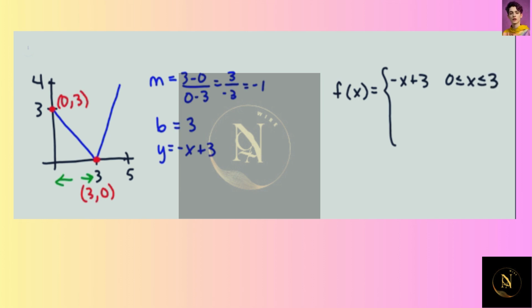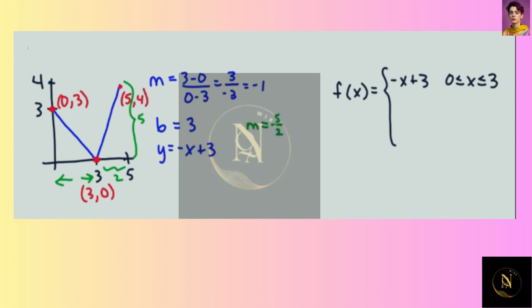Now let's figure out the equation of the other line. So we have the point (3, 0), and we also have the point (5, 4). Notice that we have a rise of 5 and a run of 2, so the slope of that segment is 5/2.